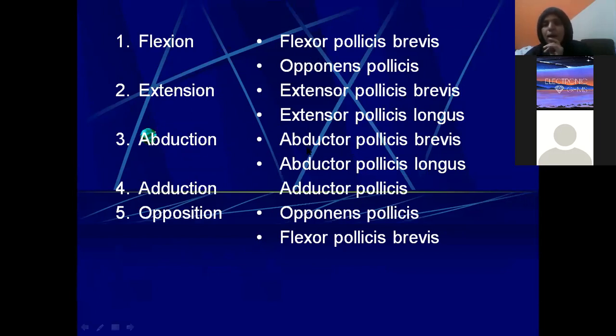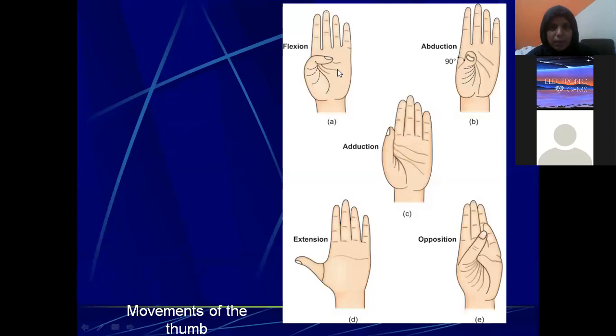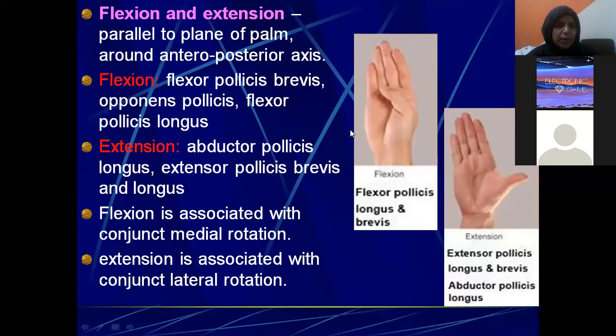Abduction: it should start with abductor because it is the thumb, the word pollicis should be there, longus and brevis. Try to remember. Adduction: adductor pollicis. Opposition: opponens pollicis and flexor pollicis brevis. This is flexion, this is abduction, adduction, extension, opposition. Again, the muscles are written.